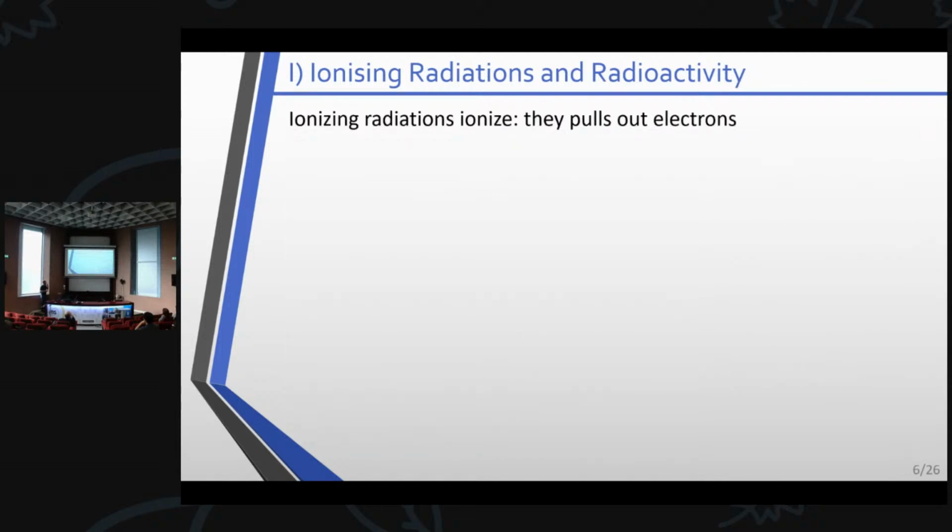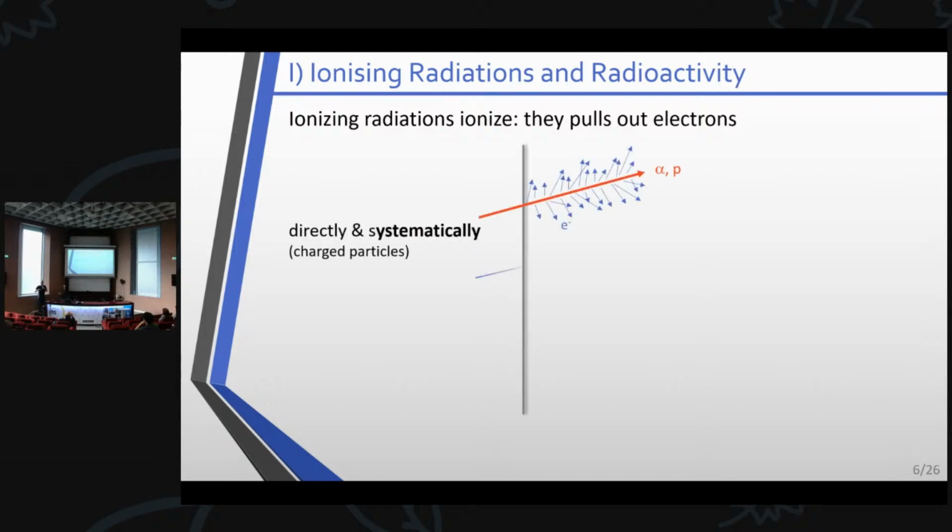So, what is the problem with ionizing radiation? Why do we want to protect ourselves from this ionizing radiation? It's because they pull out electrons in the process. You can have two different processes depending on the particle concerned. You can have a direct process which happens systematically.